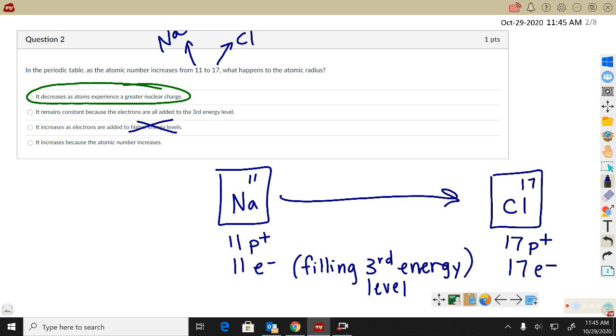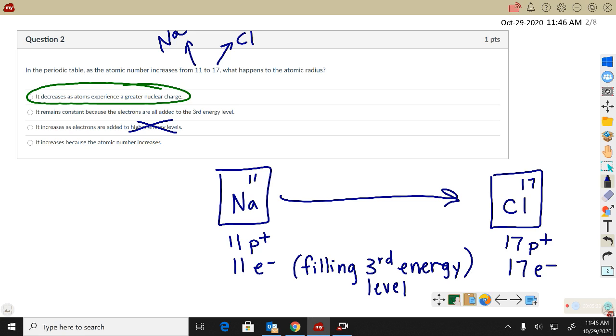So yes, we're adding electrons, but they're all going in the third energy level. So on average, they're about the same distance from the nucleus, until you factor in the fact that more protons will create a stronger magnet on the inside of that atom.